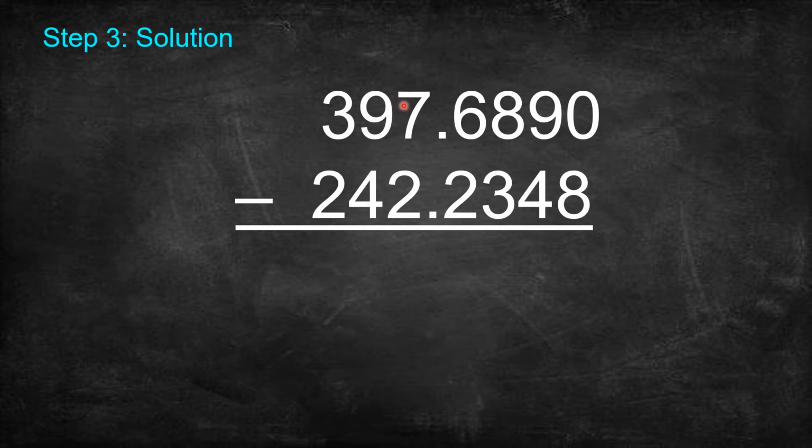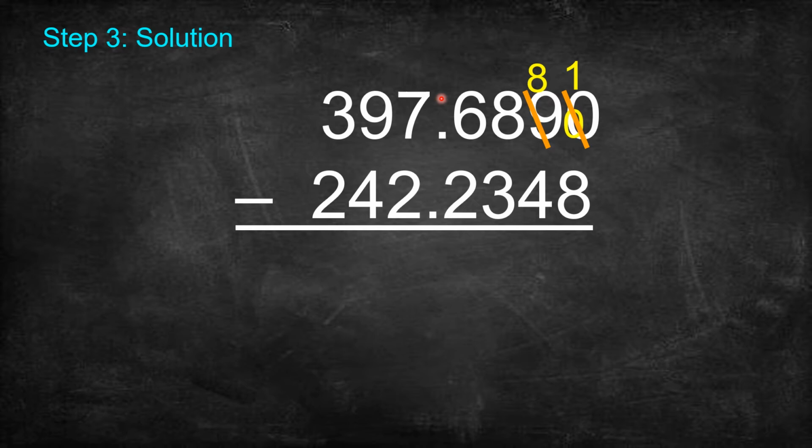So, ngayon, si 9, hihiram tayo ng isa, magiging 8 na lang. And yung hiniram natin na isa, that is equivalent to 10, because this is 1's place and this is 10's place. So, 10 ang magiging katumbas nito ngayong 0.